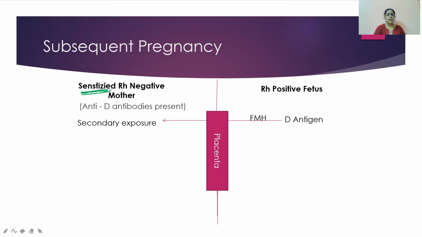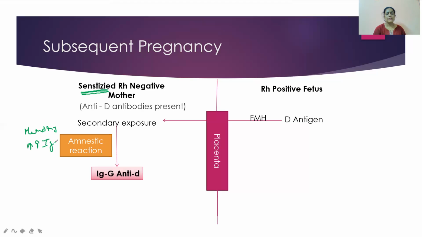So this is the secondary exposure. With secondary exposure, there will be an amnestic reaction, means there is increased production because memory of the immune system will be stimulated. So what happens? There is increased production of immunoglobulins. Which immunoglobulin is produced? It is the IgG.